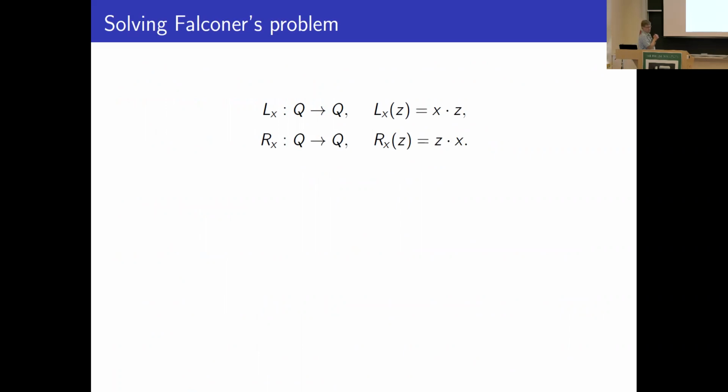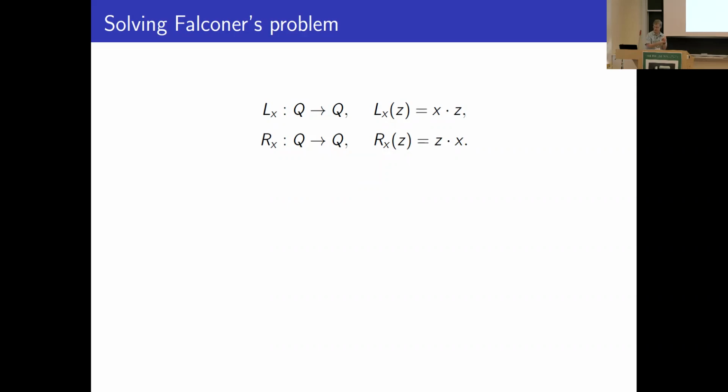Well, you can look at the left and right multiplication map. So if you take any fixed element X of your quasigroup and look at what multiplying on the left does, that permutes the elements of your quasigroup. And you can play the same game on the right, multiplying on the right.